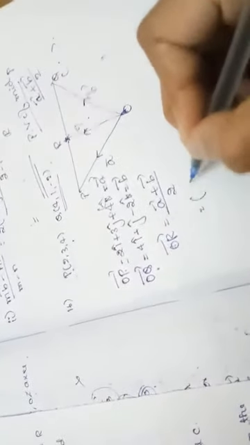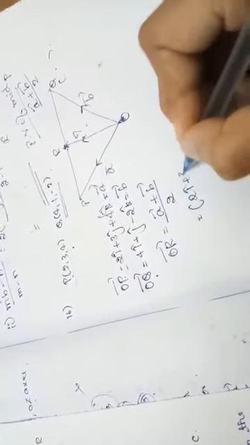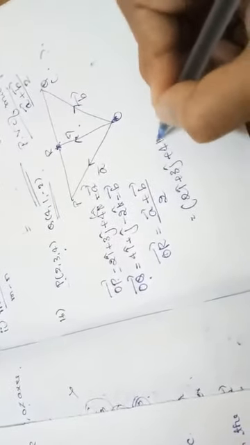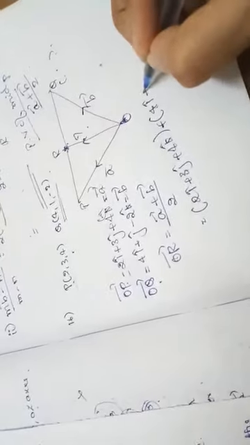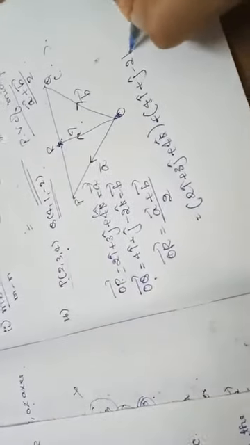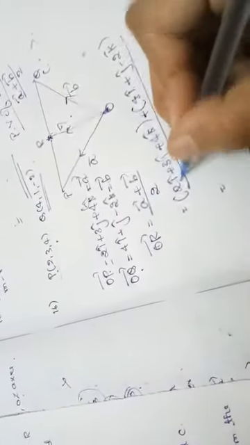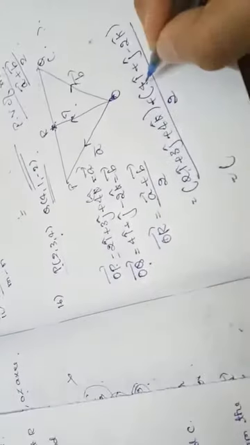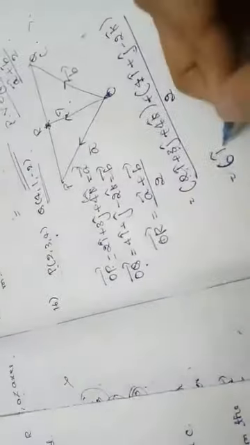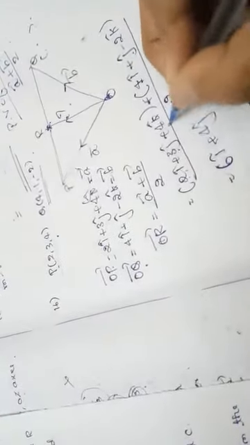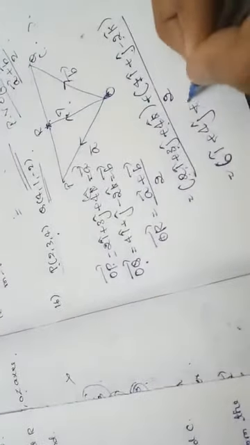So what was our vector A? 2i cap plus 3j cap plus 4k cap, plus vector B, which is 4i cap plus j cap minus 2k cap, whole divided by 2. It is nothing but adding the corresponding elements. 2 plus 4 is 6i cap, 3 plus 1 is 4j cap, 4 minus 2 is 2k cap, divided by 2.